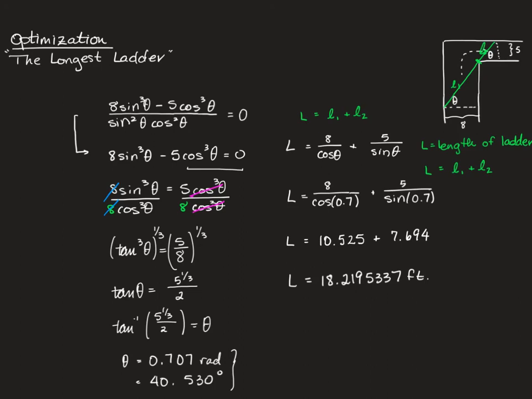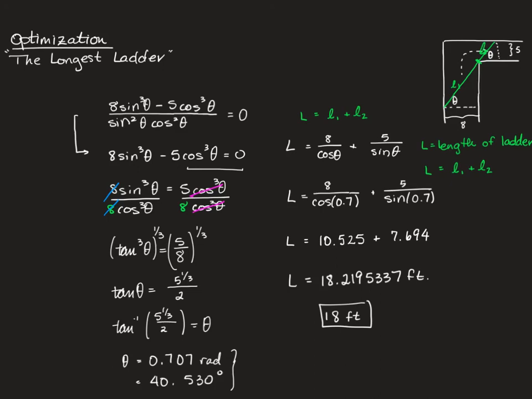Now, ladders aren't sold in partial feet, so it's going to be an 18-foot ladder. That is the longest ladder that can go around that corner. Technically, I could get an 18.2-foot ladder around that corner.